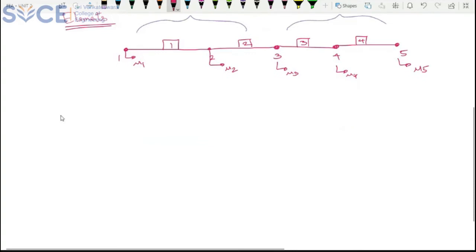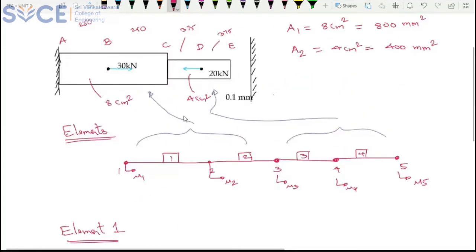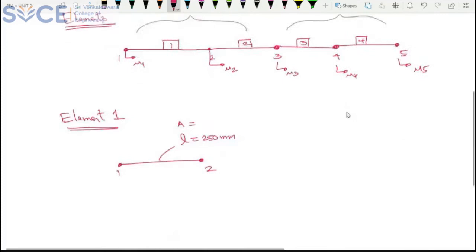Let me start with element 1, which connects nodal points 1 and 2. The length L of this element is 250 mm, and the area is 800 mm square.